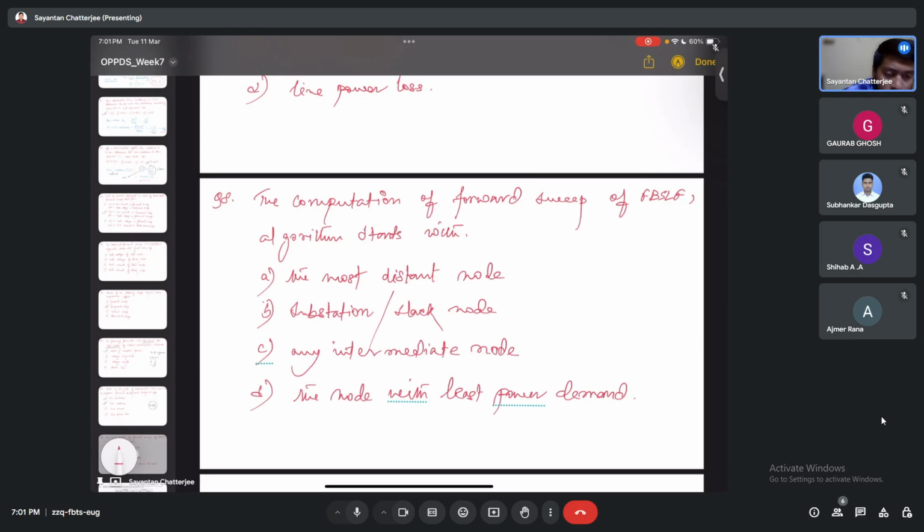The computation of the forward backward sweep load flow algorithm starts with the most distant node, substation or slack node, any intermediate node, or the node with least power demand.